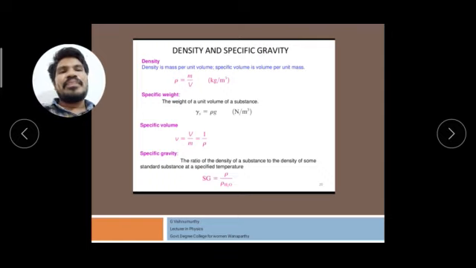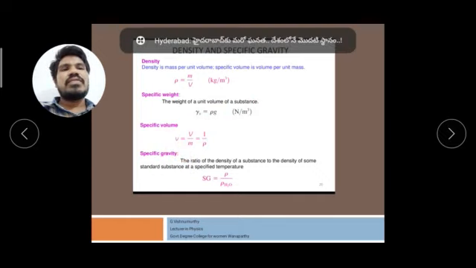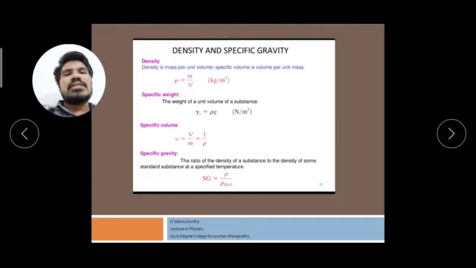Specific weight, the weight of a unit volume of a substance, that is gamma_s equals rho into g. The unit for specific weight is newton per meter cube. And specific volume is denoted with a small v and equals V by m, and that is equal to 1 by rho. That is the specific volume.